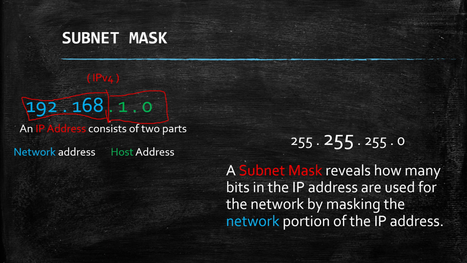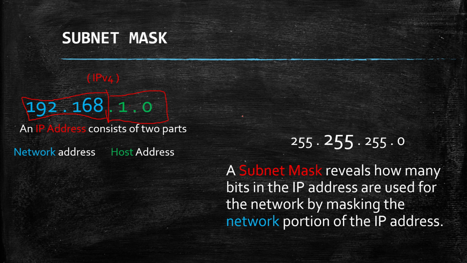For example, a village is the network, and the village is divided into areas, wards and colonies. The colony is the subnet, and the host address is our home. So the network identifies the village and colony, and the host address identifies our house number.